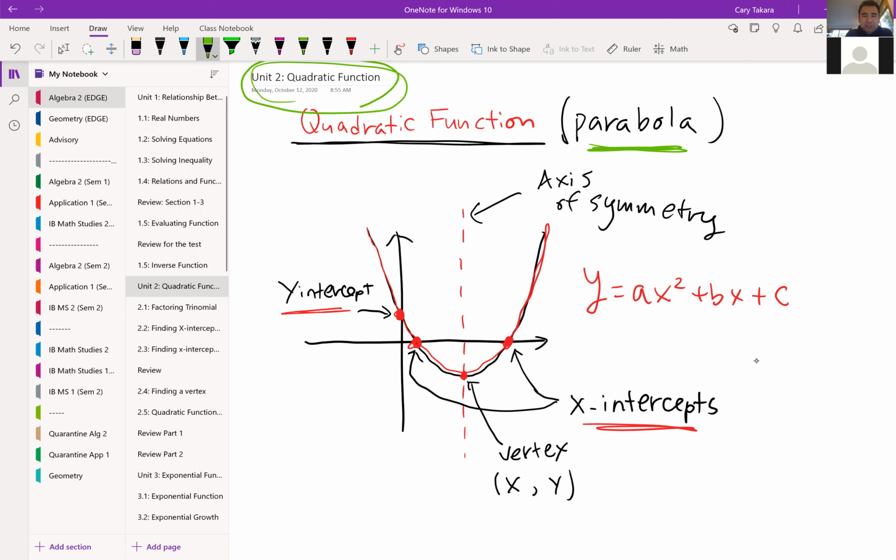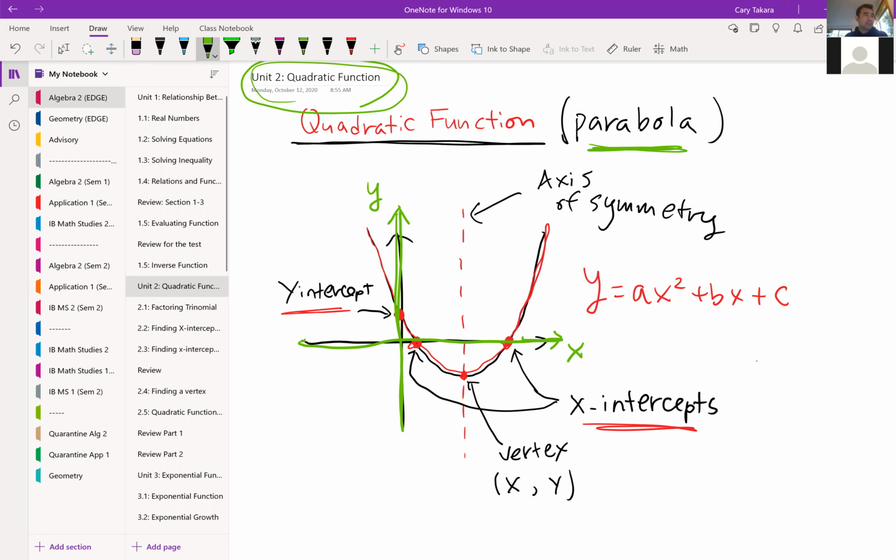Now, in relation to the X and Y axis, so here is the X axis, right? This is the X axis. And here's the Y axis. When you graph a quadratic function, there are places, a location where the parabola hits the X and Y axis.